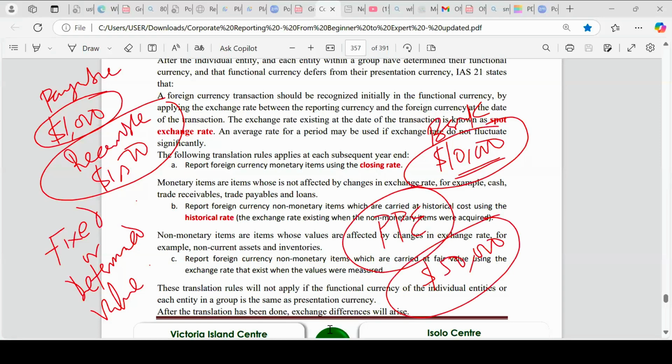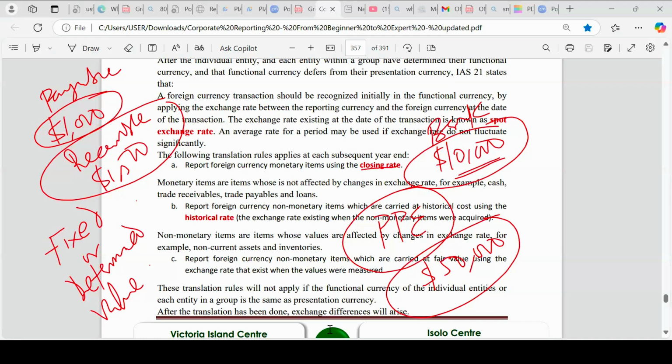I am not expecting that I'm still going to have to make any payment on the PPE. If I translate this PPE to naira, I can go ahead and continue to do my depreciation in naira. It's as good as that. Now, what do we do when it is a monetary item? When it is a monetary item, you are expected to translate at the closing rate.